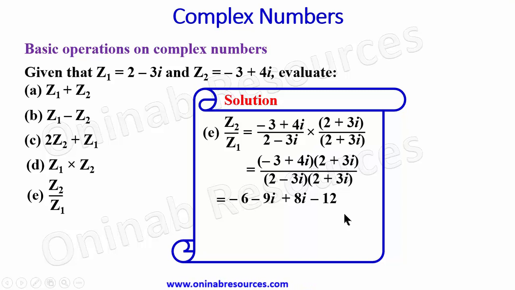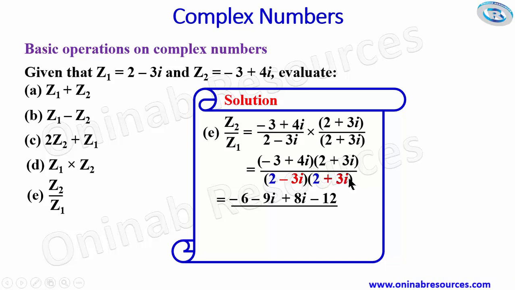Then over, what we are saying is, for the expansion of the denominator, as we explained earlier, we multiply out the real part and then the imaginary part. We said we are multiplying 2 by 2, and the imaginary part, which is negative 3i times the positive 3i.